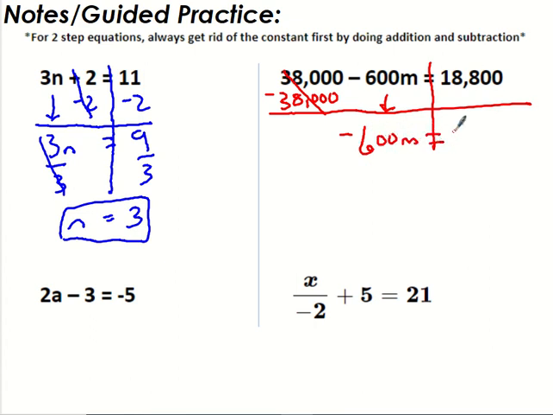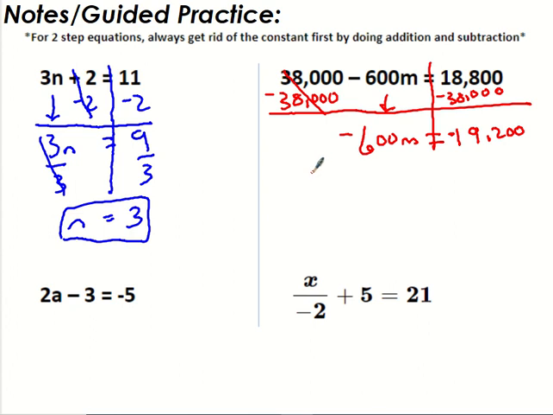And all of that is equal to, well, I forgot to do something. I forgot to subtract my 38,000 from the right side. So when I do my subtraction, I'm going to get 19,200. And it's negative.